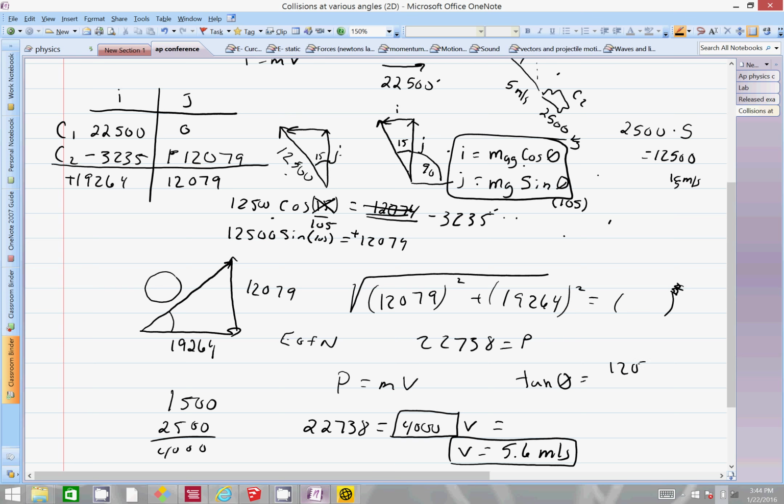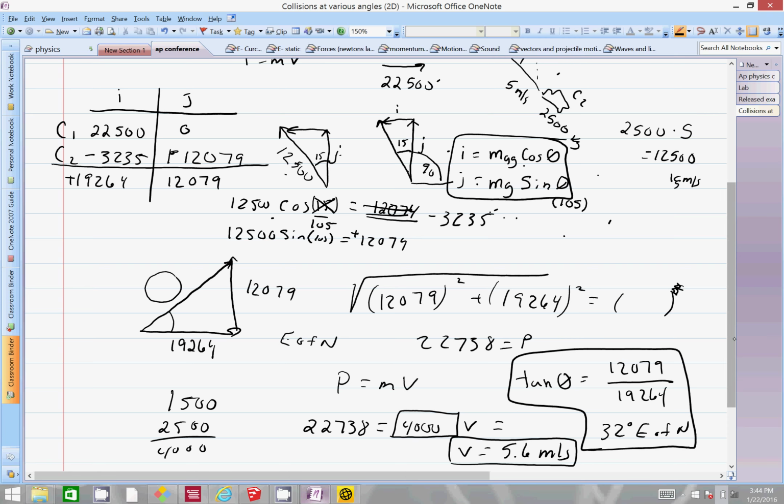It's going to be 12,079 over 19,264. And I'm getting 32 degrees. 32 degrees east of north. Minus any calculator errors. There we go.